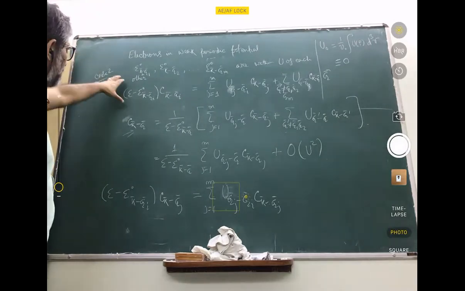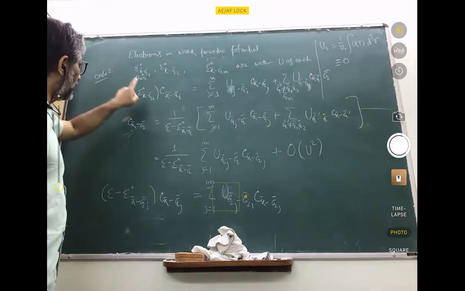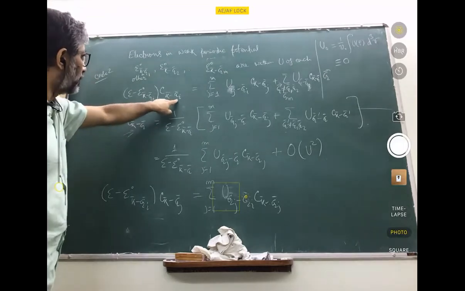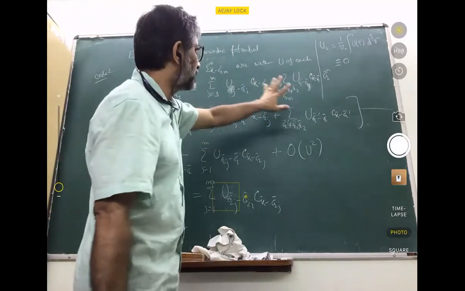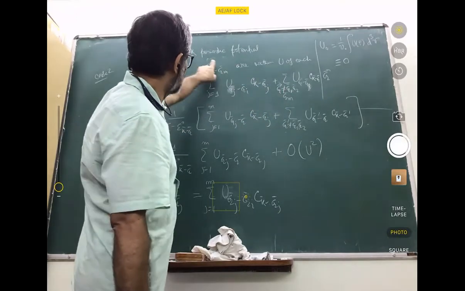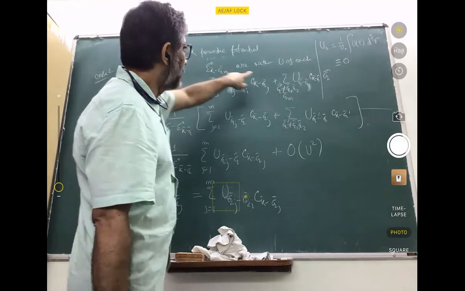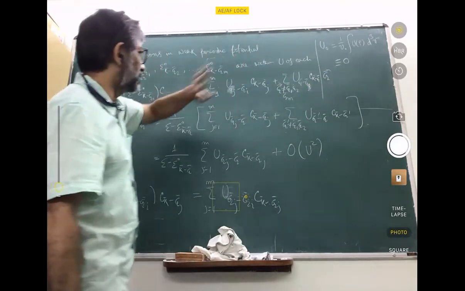So using the general equation that we wrote, we can write this for one of these G's. I have separated out two kinds of terms, one in which I have G_J's belonging to this set, the other which does not contain one of these near degenerate G's.